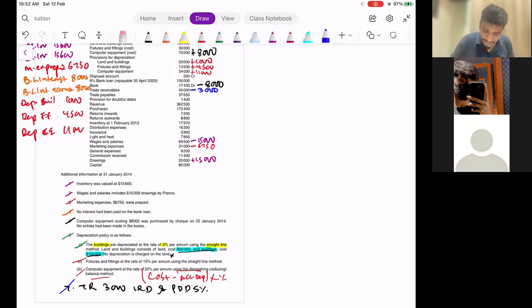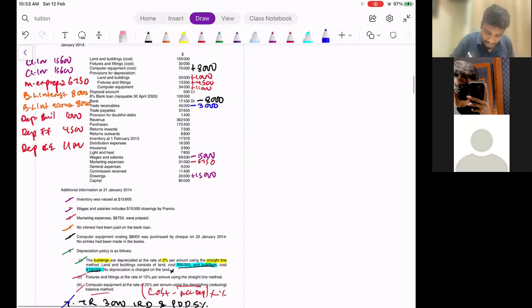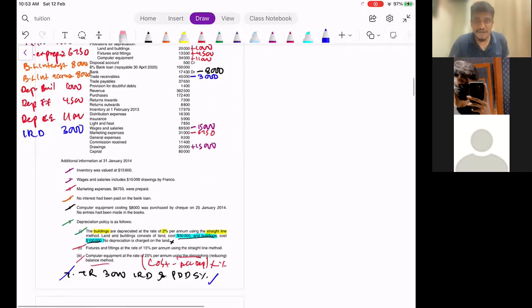Okay, after that, we need to create an irrecoverable debt. Do you have an irrecoverable debt here? No, sir. No, it means create a new one. Irrecoverable debt 3,000. After that, there's a provision for doubtful debt of 5%.